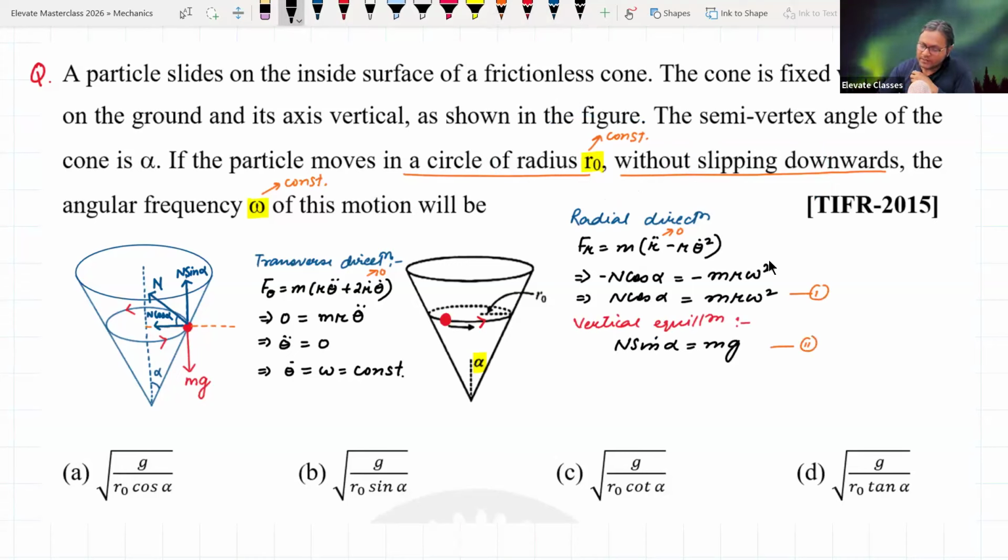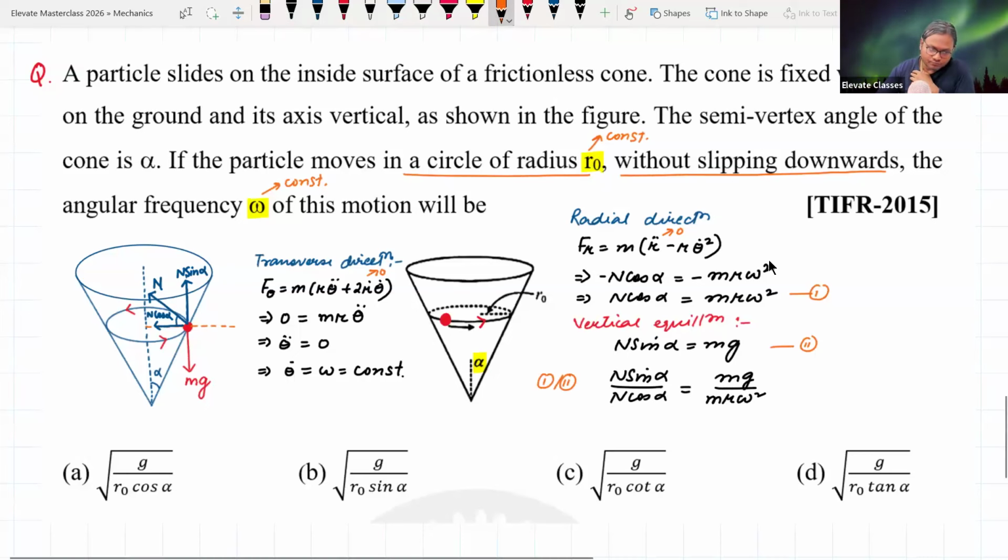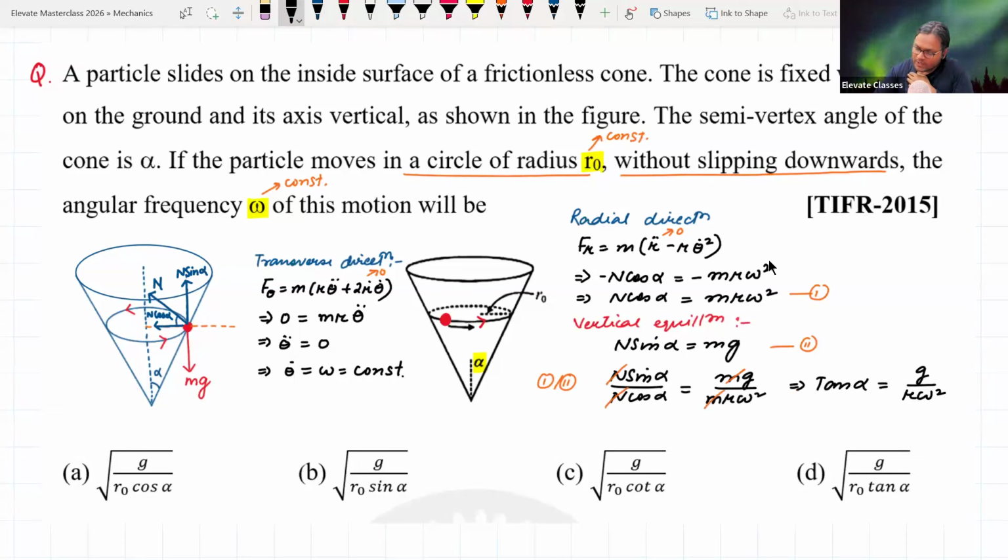So now I can combine them by dividing 1 by 2. So what is N sin alpha upon N cos alpha equal to? It is equal to mg upon m r omega square. N and N get cancelled, m and m get cancelled, and therefore you have tan alpha is equal to g upon r omega square.